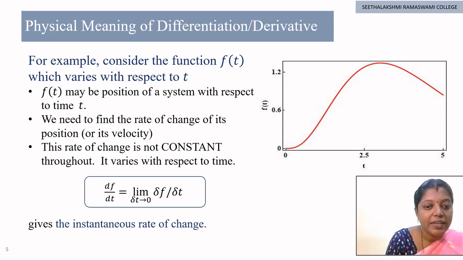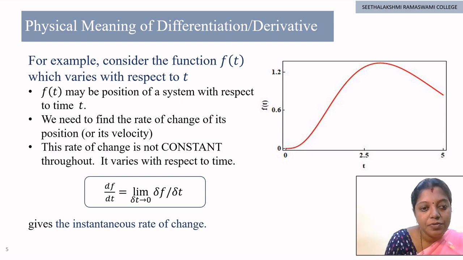We can consider this f of t as the position with respect to time, where f represents position and t represents time. The variation in position is shown by this graph. We need to find the rate of change of f with respect to time. The rate of change of position with respect to time is nothing but your velocity.